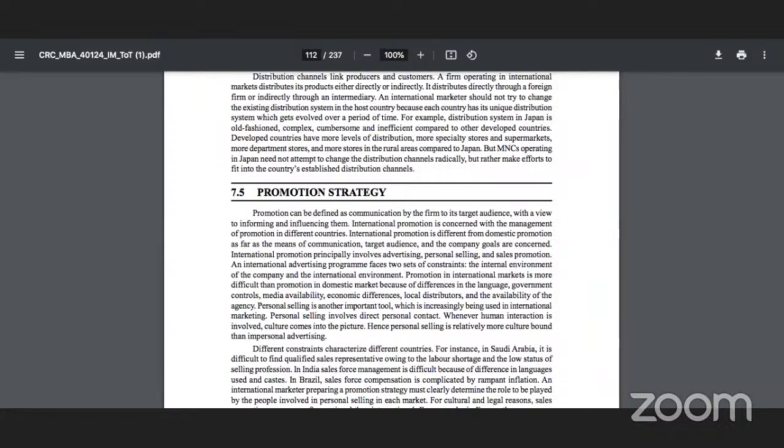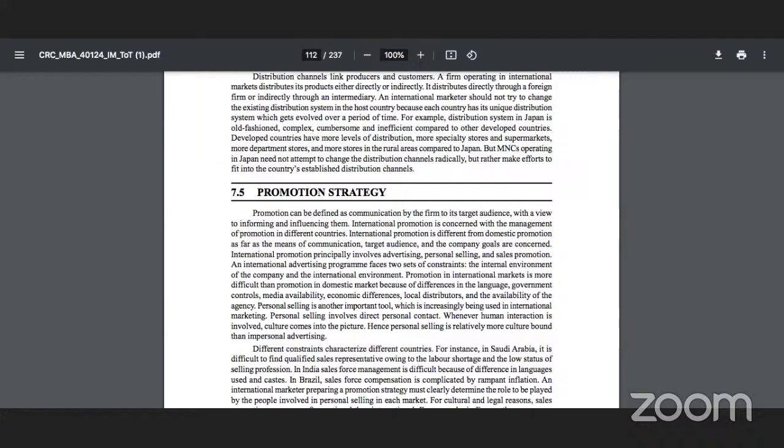So an international marketer should not try to change the existing distribution system in the host country because each country has its unique distribution system which gets evolved over a period of time. If we were to consider the distribution system in Japan, it is considered a little old fashioned, complex, cumbersome, and inefficient.